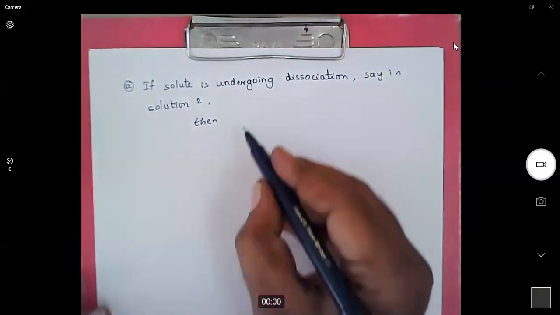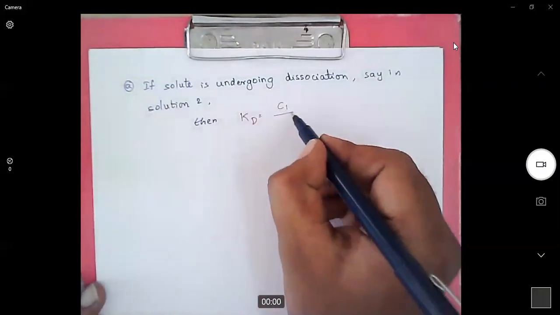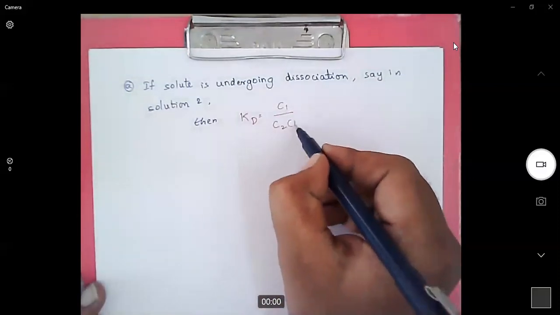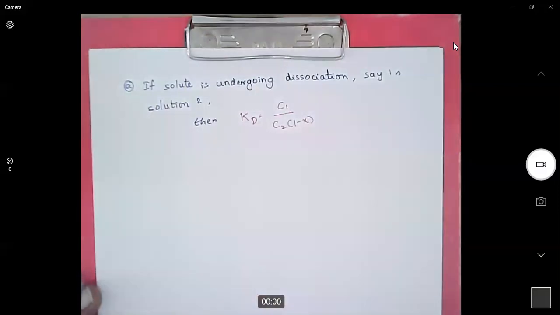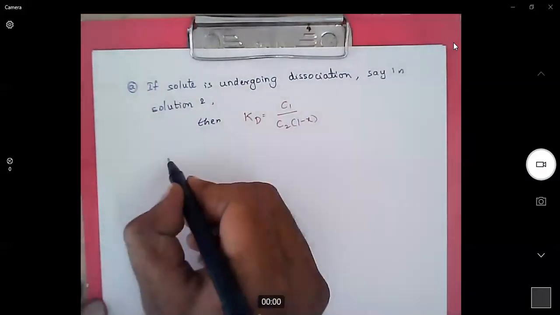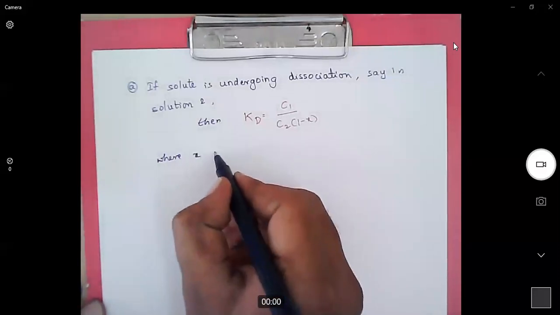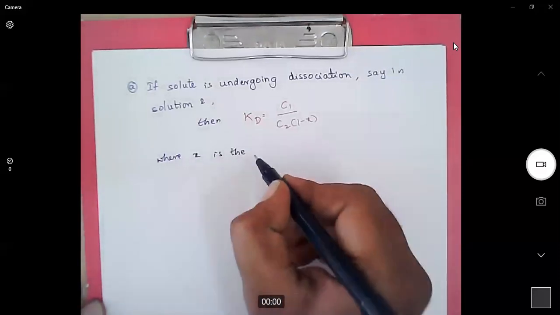The partition coefficient can be calculated using the formula C1 by C2 into 1 minus X. What is dissociation? A molecule breaks into more number of molecules. It may be divided into 2 molecules or it may be divided into 3 molecules. Here, X is the degree of dissociation.